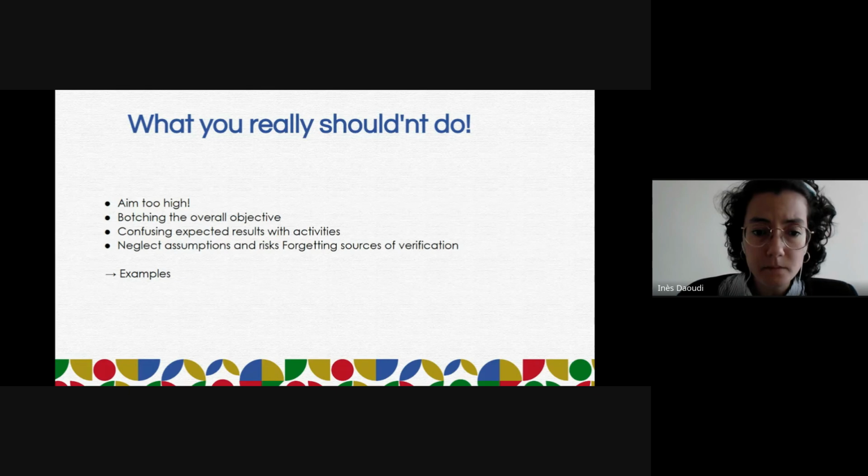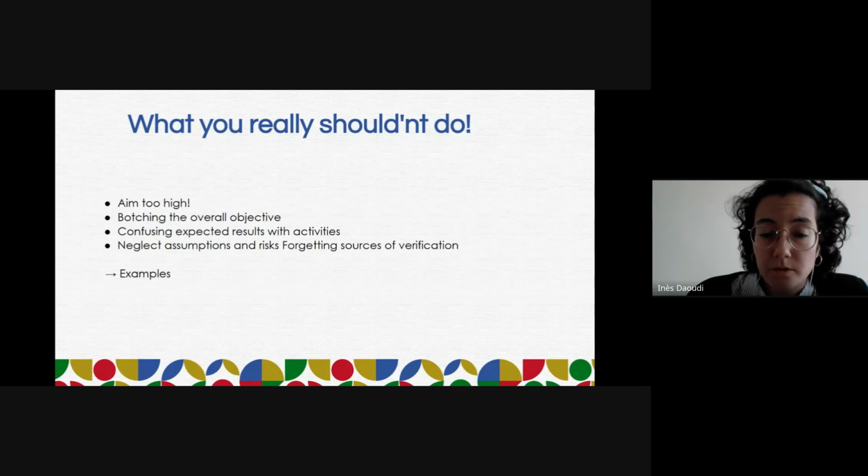And also, another point that I would like to emphasize is the identification of sources of verification for effective monitoring and evaluation. So why is it important to identify sources of verification? To track progress, to assess results achievements, to enhance accountability, to improve decision-making and facilitate learning.